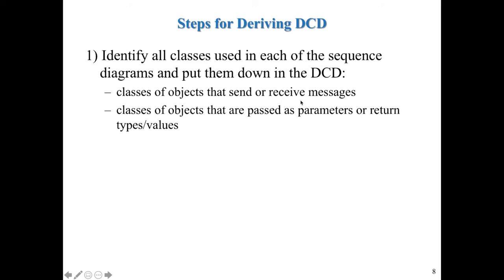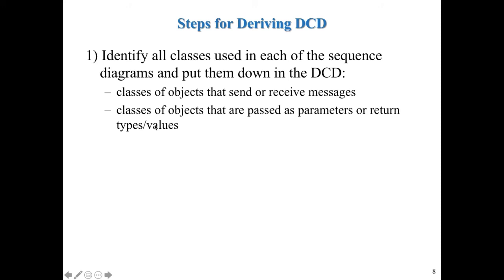This is also an important part, because sending and receiving of the messages will show you the relationship between the classes and their objects. And number two, you will identify what are the parameters that were passed in messages, and also their return types.